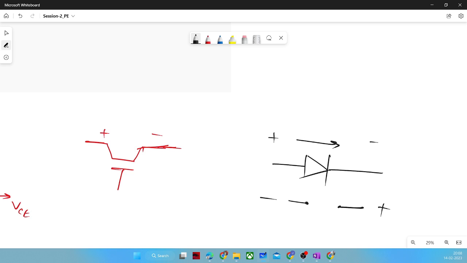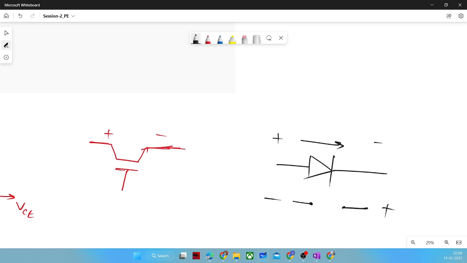So the BJT blocks until VCE equals VCE sat. Even if it is blocking for a very small period in the conduction direction, it is considered as blocking that polarity. A diode may also break down in the negative region, but we do not consider that.